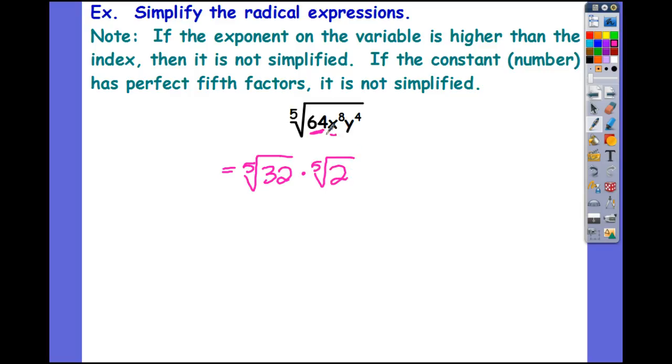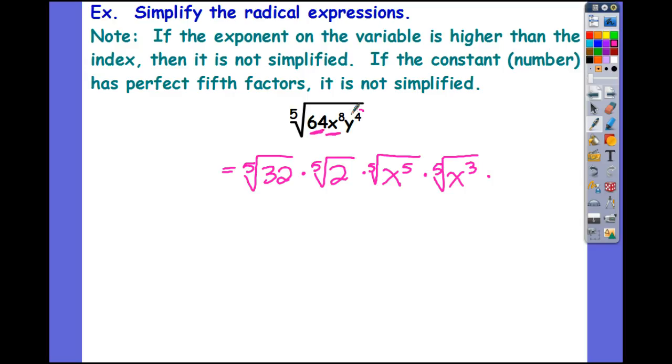Simplifying the x term, that 8 is higher than 5, which means I'm going to have to simplify further, breaking this down into the fifth root of x to the fifth. So 5 divides evenly into 5, and then if I had x to the 8th, fifth root, I would have 3 more x's left over. So this is your fifth root of x to the 8th term.